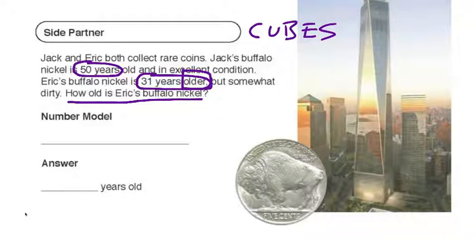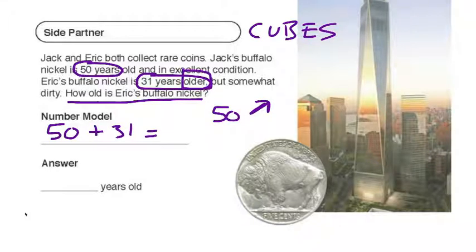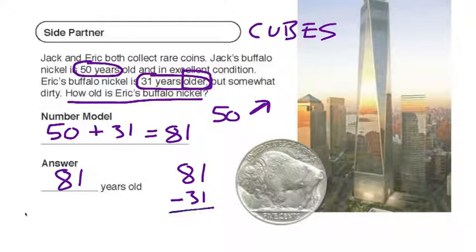And evaluate the steps to take. If one is 50 and then one is older, it must be a higher number. So I'm going to add. So 50 years plus 31 years. If I add those together, I get 81. So I believe Eric's nickel is 81 years old. The way to check that would be to use the opposite operation. 81 minus 31 is 50. We did it correctly.